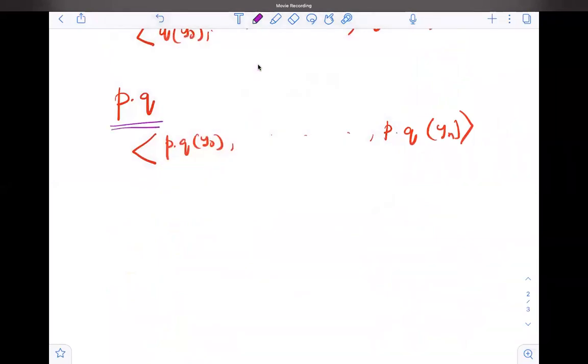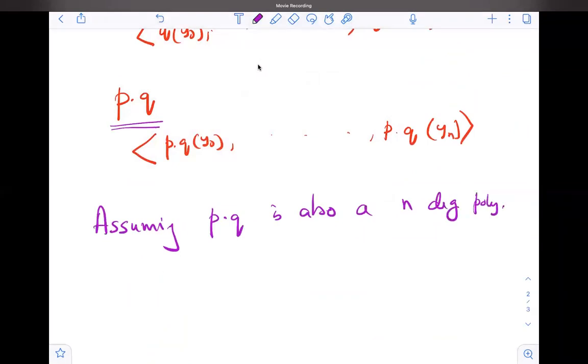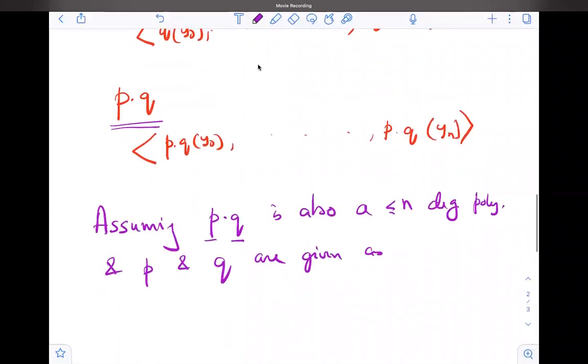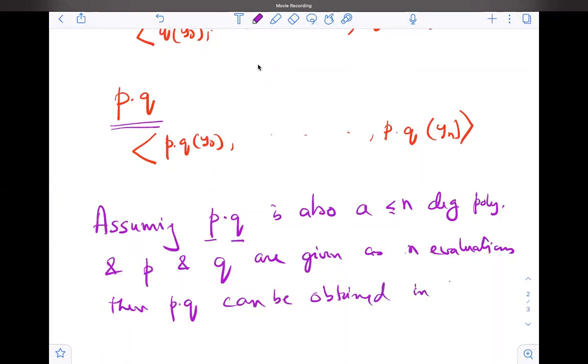Assuming that p times q is also an n degree polynomial, you have been given p and q, which are less than or equal to n degree polynomials. If p and q are given as n evaluations, then p times q can be obtained easily in order n time.